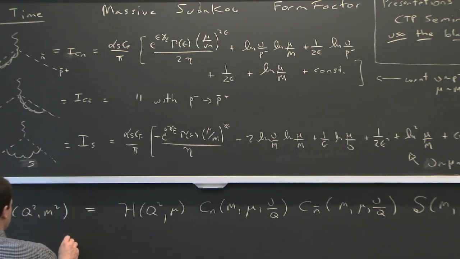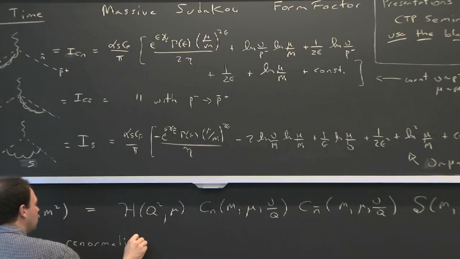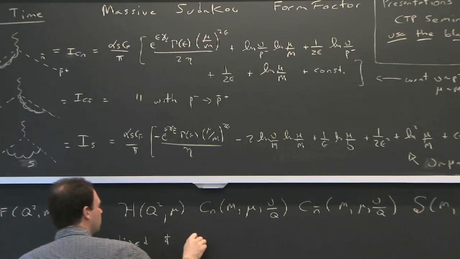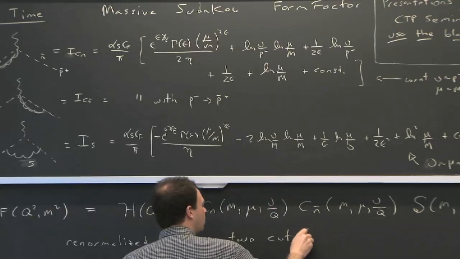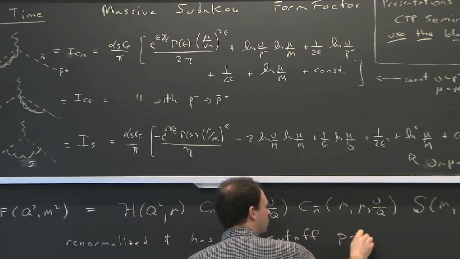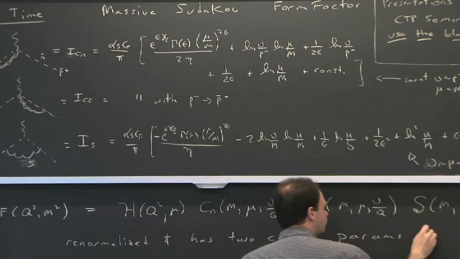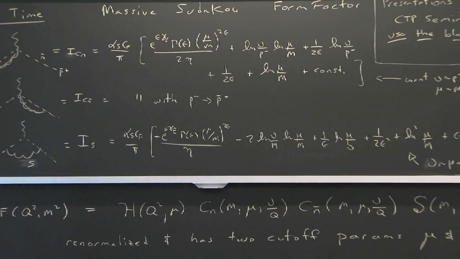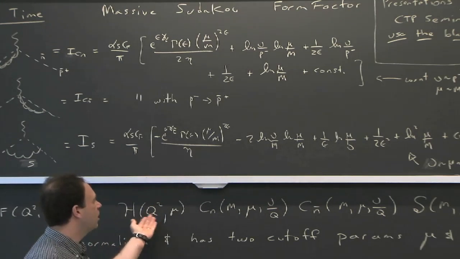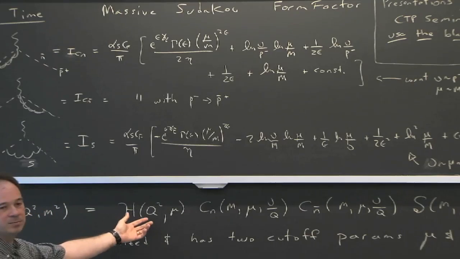So renormalization, and we have two cutoff parameters. So what we'll have, therefore, is a renormalization group for these objects in a two-dimensional space, mu and nu space.